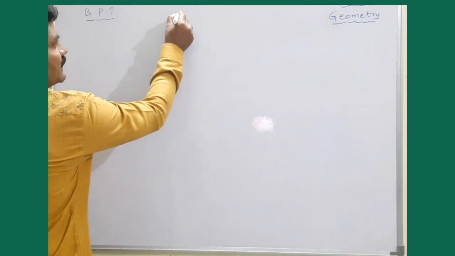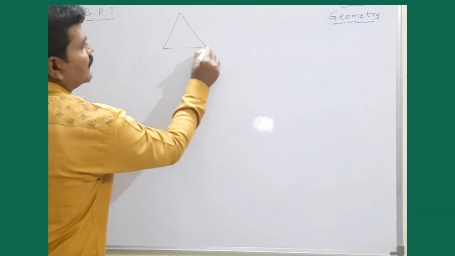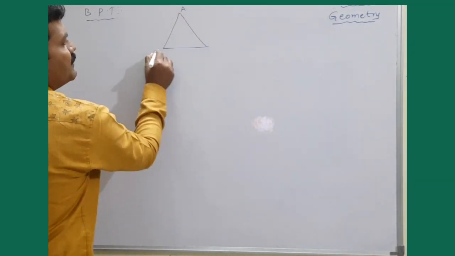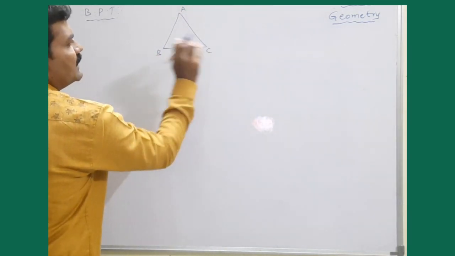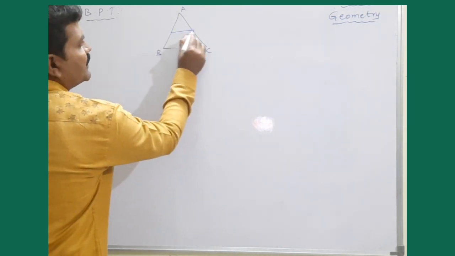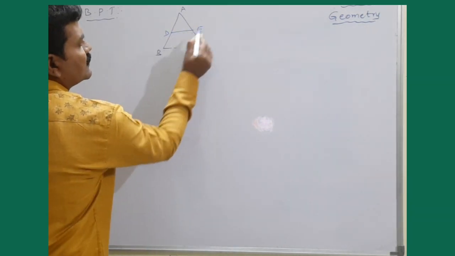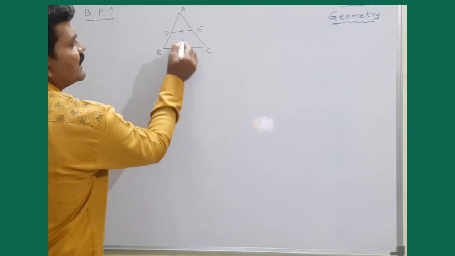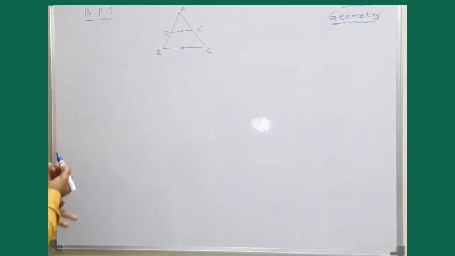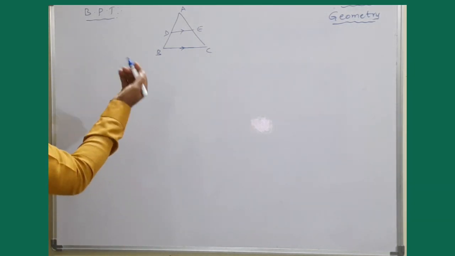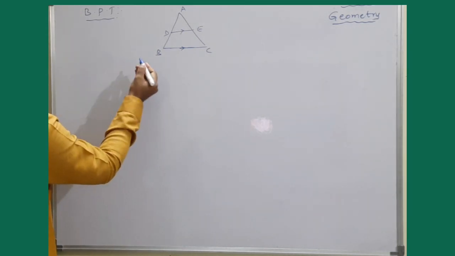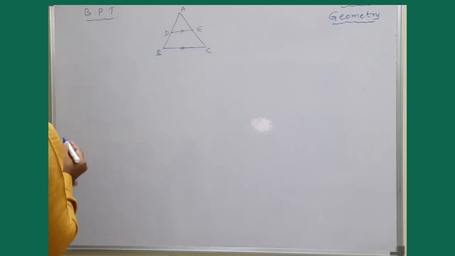So that is what. If suppose ABC is a triangle and let DE be the line which is parallel to any one side, say suppose DE is parallel to BC, then we discussed that it divides in the same ratio.